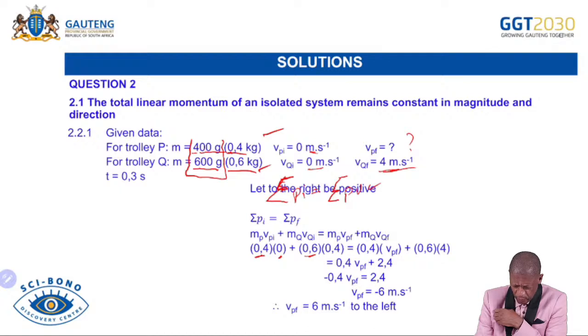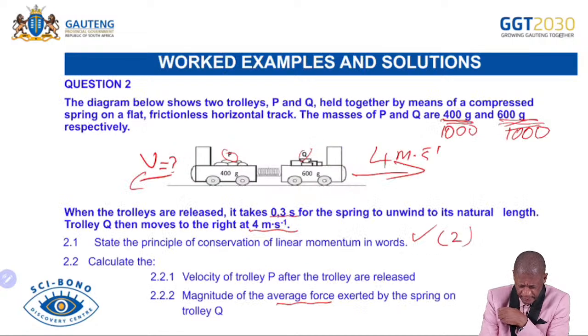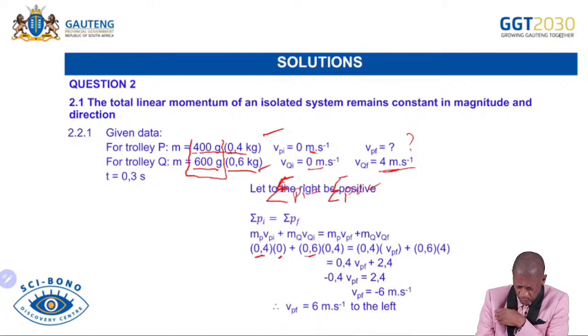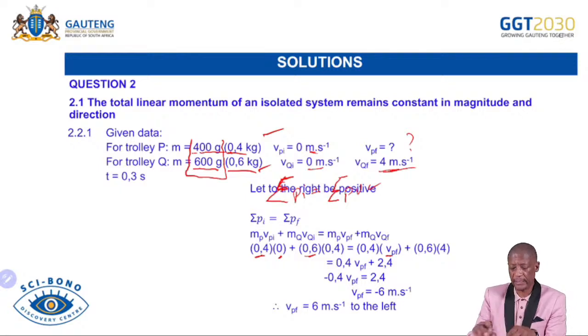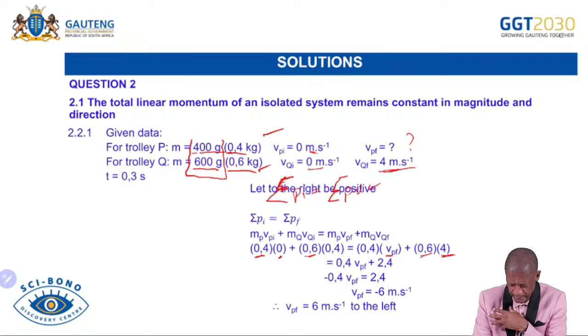This is 0.4 multiplied by the velocity of P, because we are told that we need to calculate this one, the P1. So this is the velocity that we calculate for P. But this one, after they separate, moves with the speed of 4 meters per second, because we are given 0.6 as a mass, right?